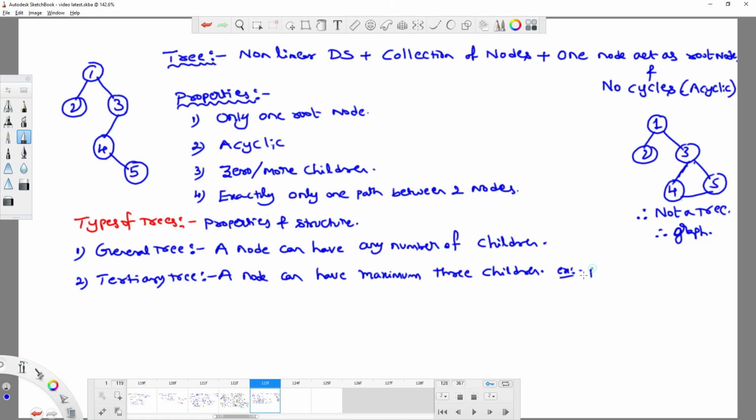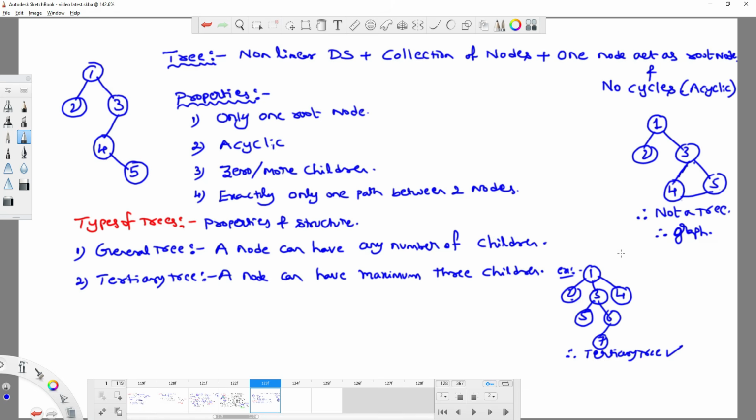if I say 1, 2, 3, 4, 5, 6 and 7, can I call this a tertiary tree? Yes, I can call it a tertiary tree, because take the total number of children for 1, maximum 3, for 2, maximum 3, for 3, maximum 3, right?